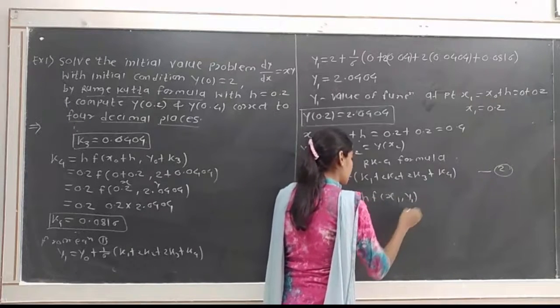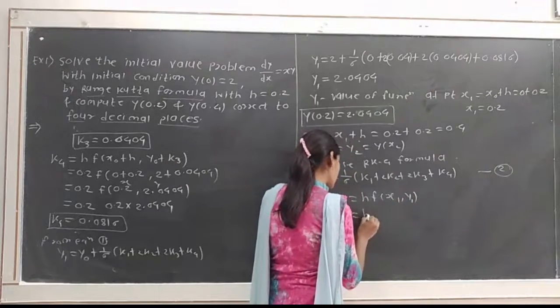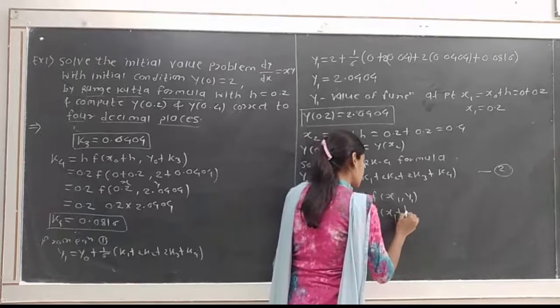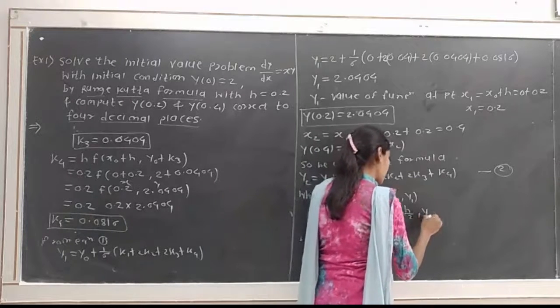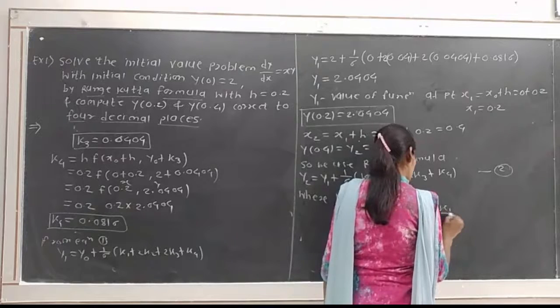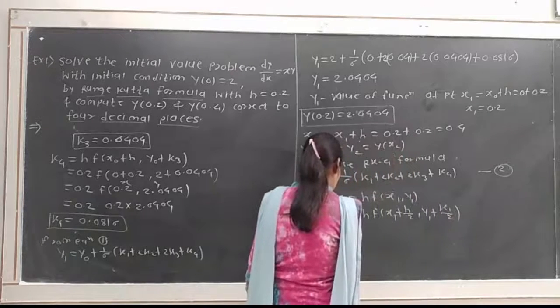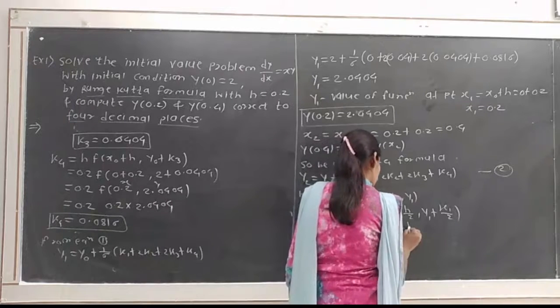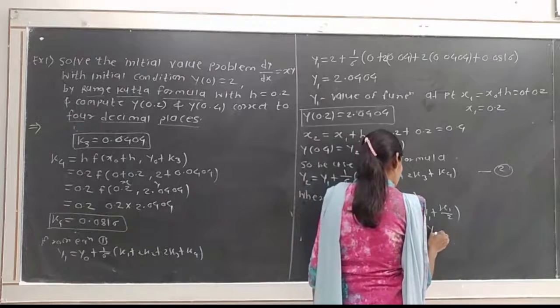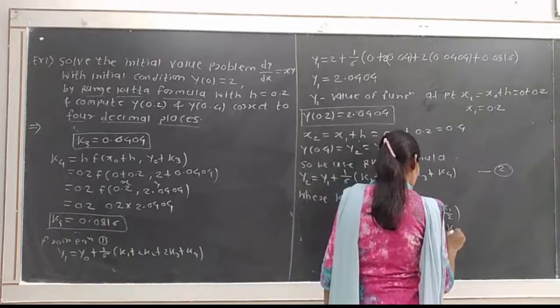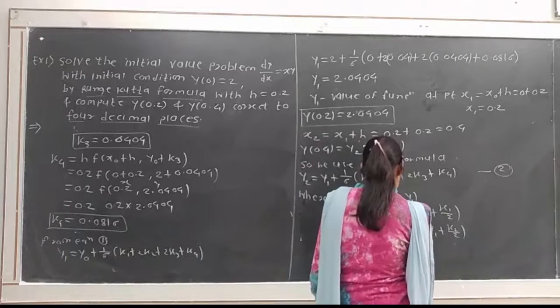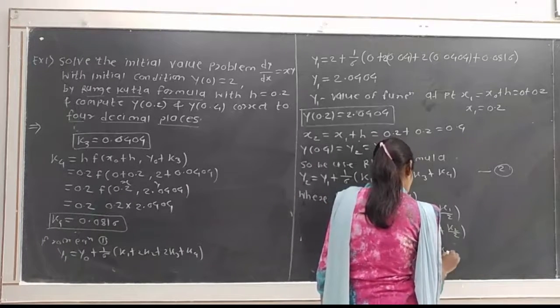x1 comma y1. Then k2 will be equal to h f of x1 plus h by 2 comma y1 plus k1 divided by 2. Then k3 will be equal to h f of x1 plus h by 2 comma y1 plus k2 divided by 2, and k4 will be equal to h f of x1 plus h comma y1 plus k3.